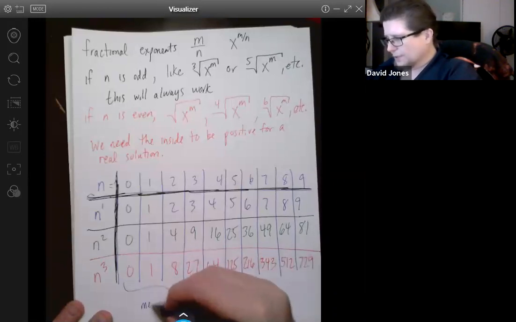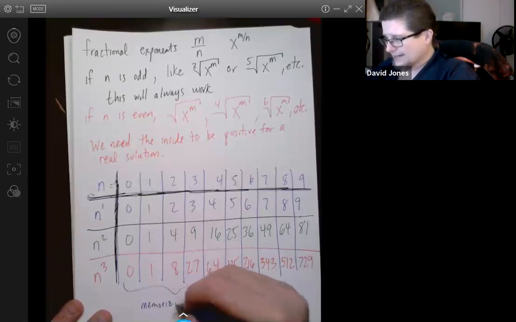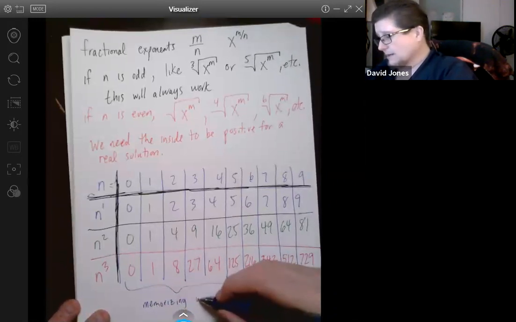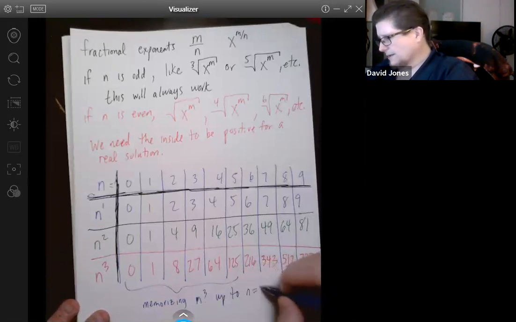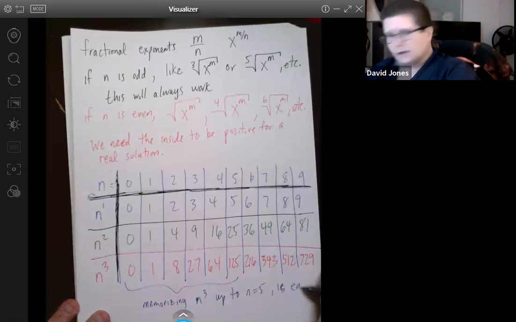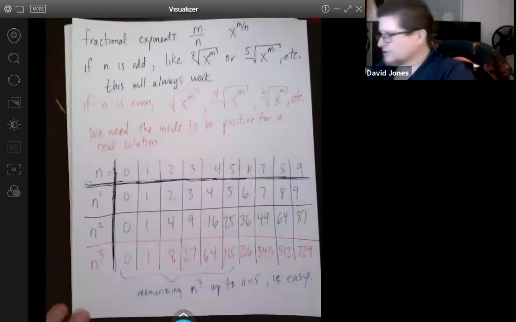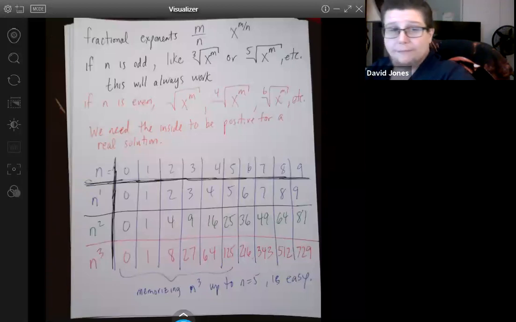Memorizing n cubed up to maybe n equals 5 is handy, or easy. Hopefully, just try to memorize these, or if you see them, maybe it'll trigger a memory that maybe this is something to an exponent.